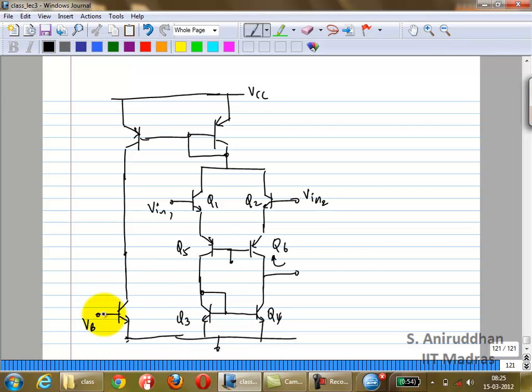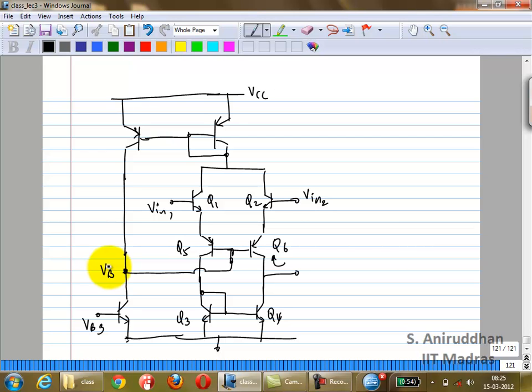This is basically just a current source, so don't worry about this, but this is your VB. I'm going to bias it this way. If your input common mode reduces, this point can also fall.